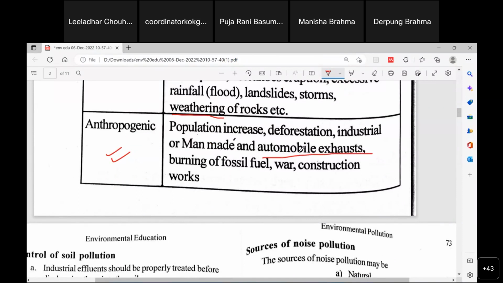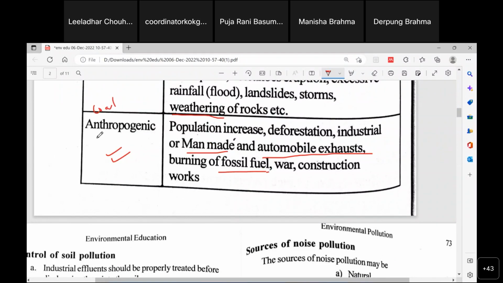Automobile means vehicles. So vehicle exhaust causes severe air pollution. Burning of fossil fuel. Fossil fuels are the fuels which are coming from fossils. For example, coal and petroleum.